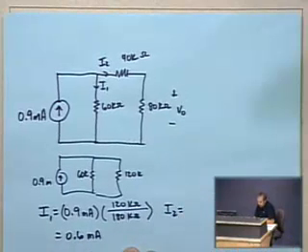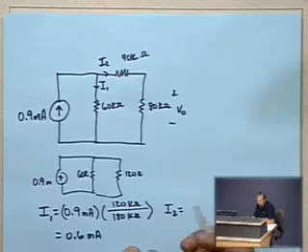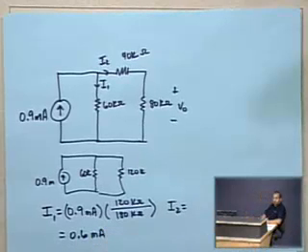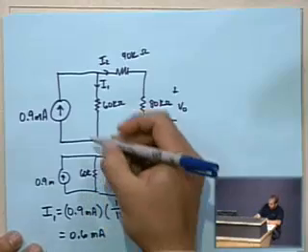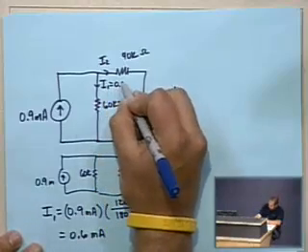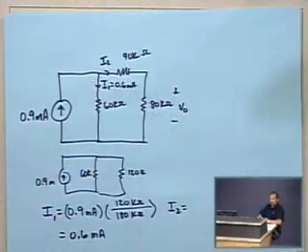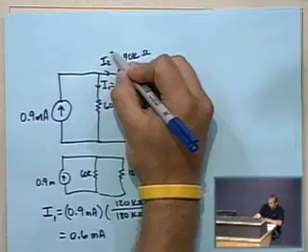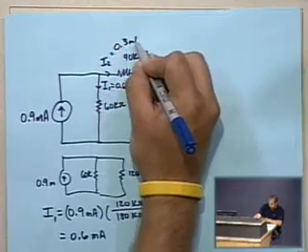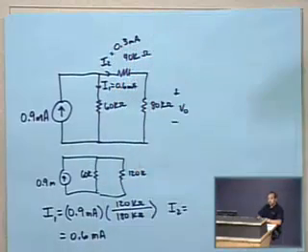I2 is going to be, well, do we need to actually write out the current division equation for this? No, because we can use KCL at this point to figure out the other one. If I1 equals 0.6 milliamps and there's 0.9 milliamps rolling in, well, I2 better equal 0.3 milliamps. That's what KCL should tell us.